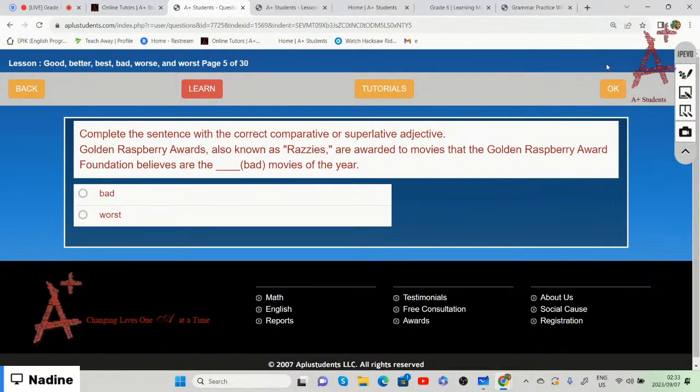So, if we are comparing, right, this is superlative. So, are we saying it is still a bad movie of the year, or is it the worst movie of the year? So, it is basically the worst movie of the year.